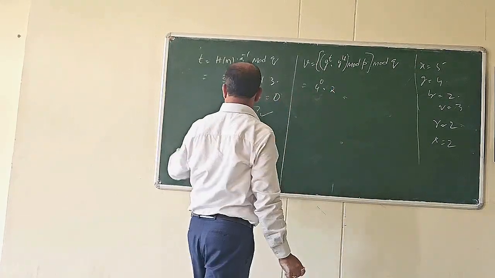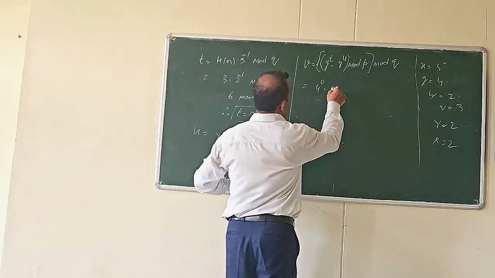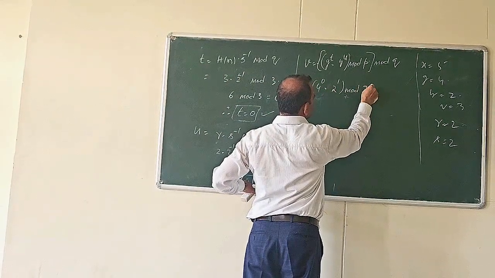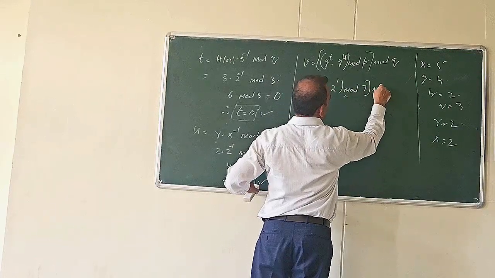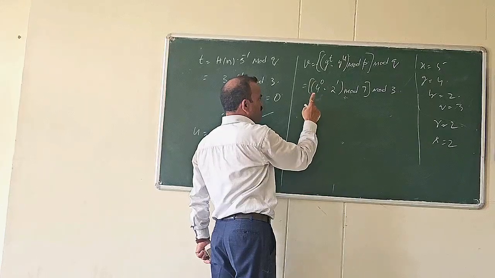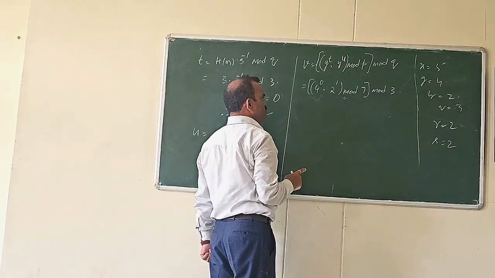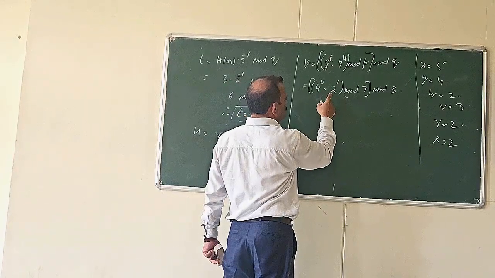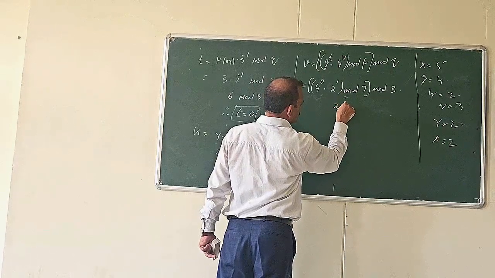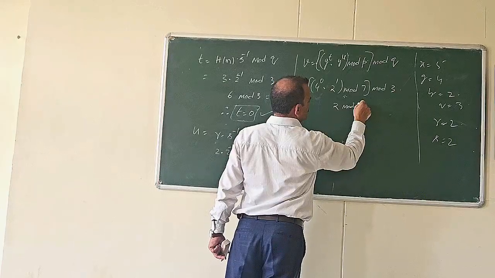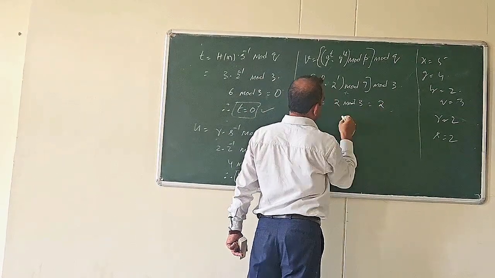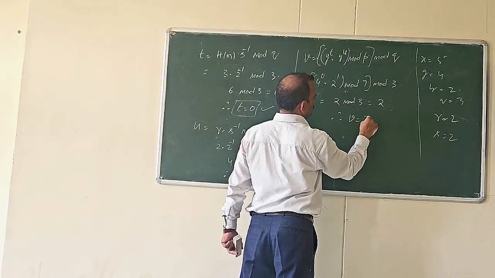The value of u is 1, mod p, the prime number 7 we have considered, and mod q, the value of q is 3. So anything power 0 equals 1, and 2 power 1 is 2. So 1 into 2 mod 7, the value is 2 mod 3. Again 2 mod 3, the value is 2. Therefore v equals 2.